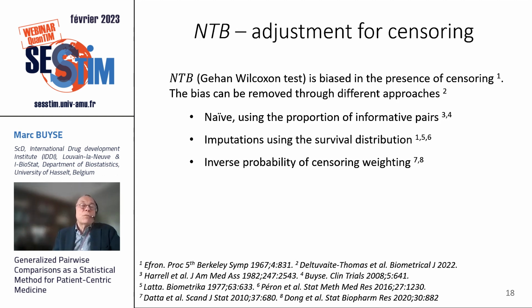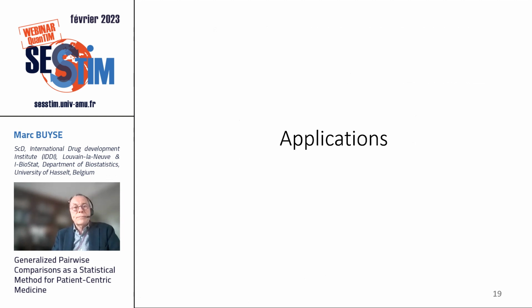A whole range of tests were proposed based on that concept of using the Kaplan-Meier estimates of the survival function to adjust and remove the bias from the net treatment benefit estimation. And you can also use something more recently proposed, the inverse probability of censoring weighting, to account for the censoring.